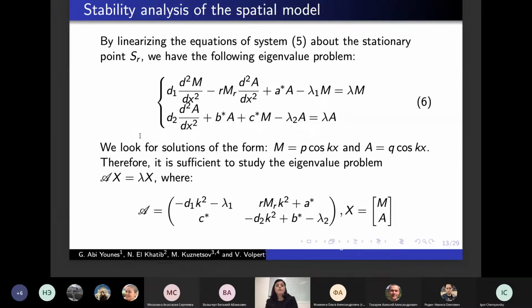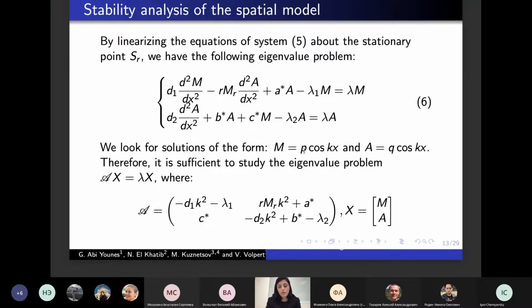Now, if we move to the stability analysis of the spatial model, we linearize the reduced system about the stationary point SR, the inflammatory state. Then we have the following eigenvalue problem.